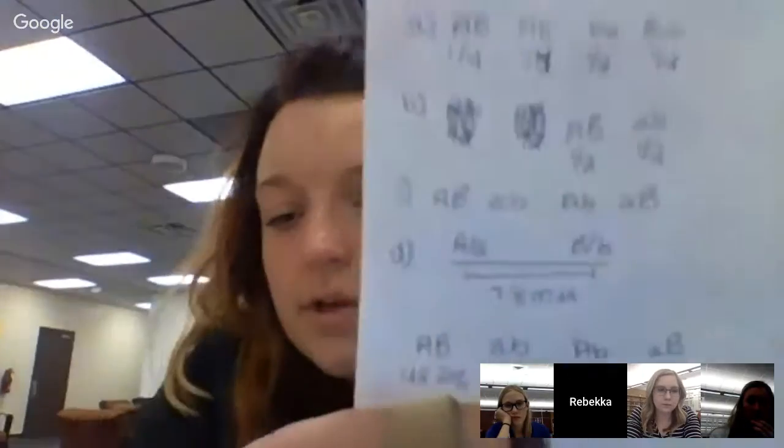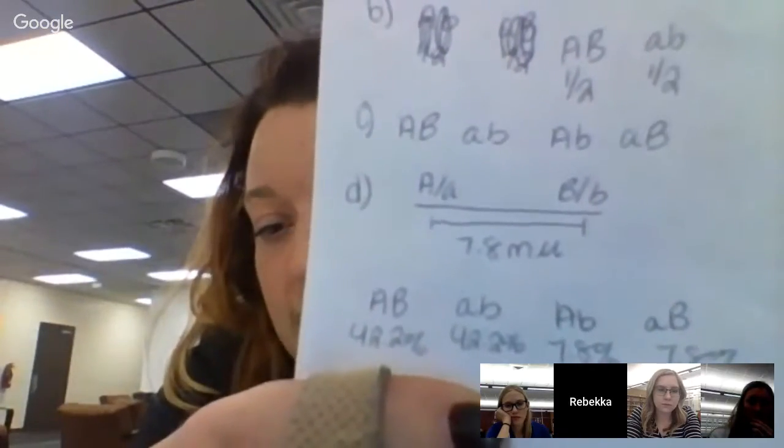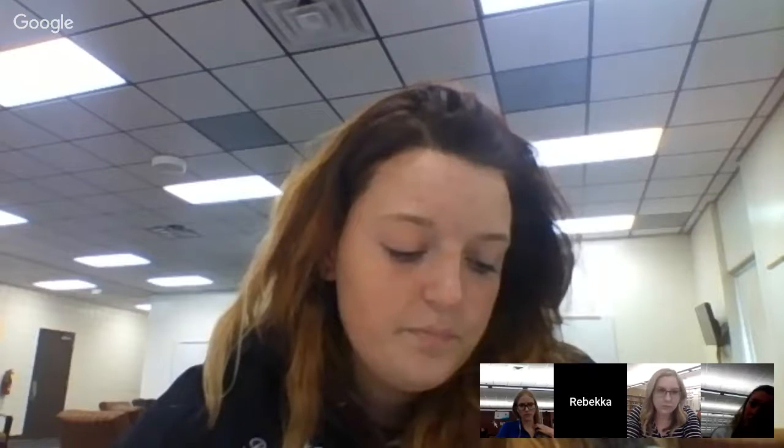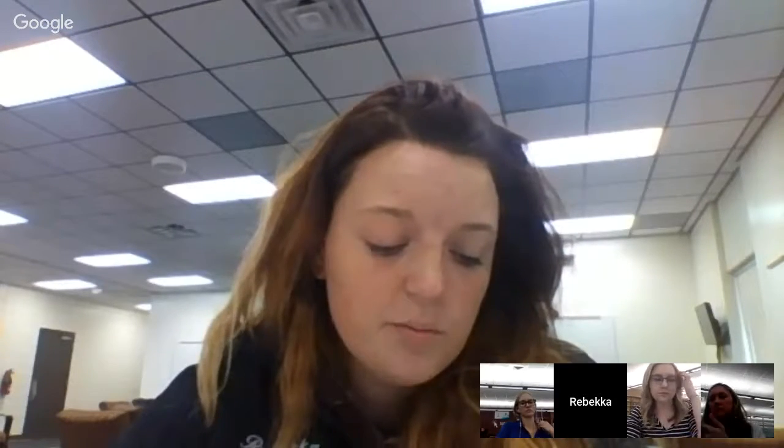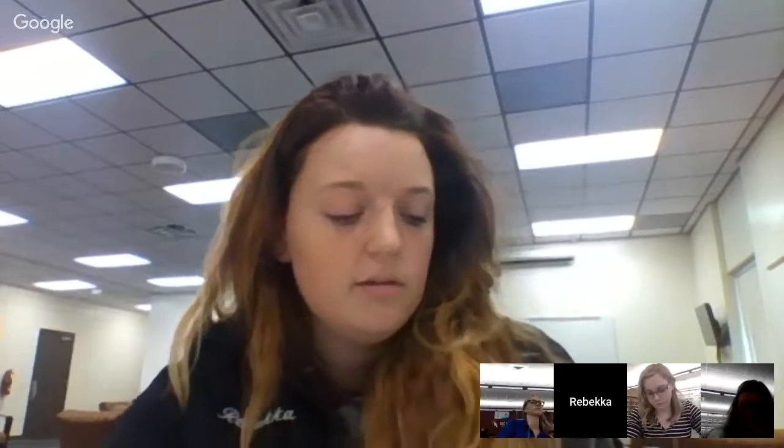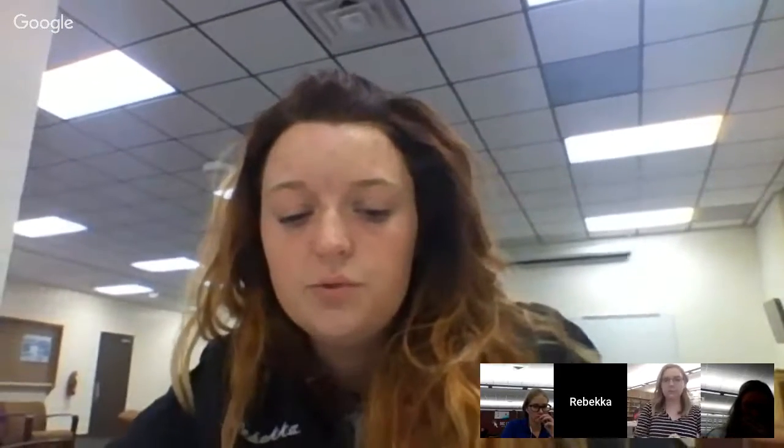So the two recombinants are going to be 7.8%. And the two parental, the both dominant and both recessive, are each 42.2%. Because that's the difference between 7.8 plus 7.8, and then you subtract from 100 and divide by 2.